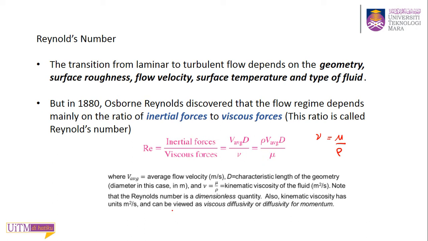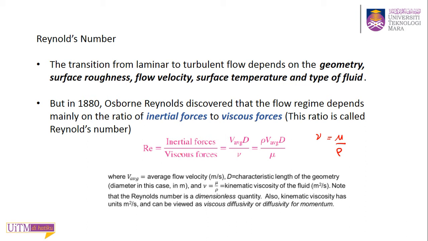So the inertial force is the force because of the inertia of the flow, and the flow is moving, so that will bring the inertial force. And the viscous force opposes that inertial force, acting against the flow of that fluid.